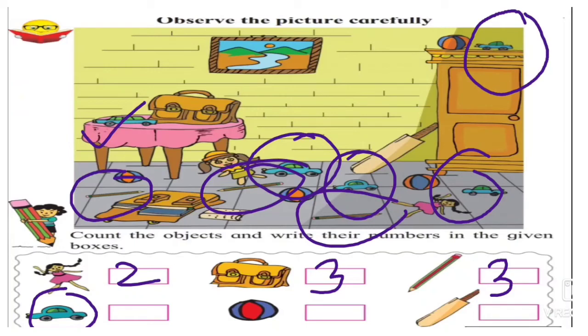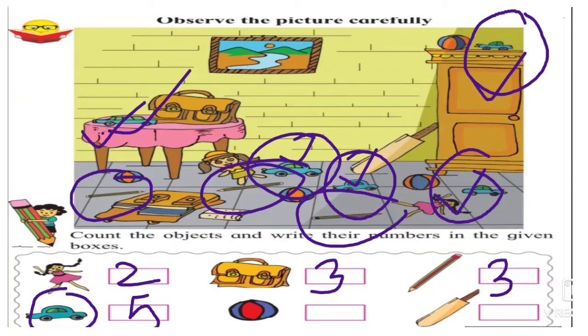How many cars? 1, 2, 3, 4 and 5. There are 5 cars. Let's write 5 in this empty box. 5.